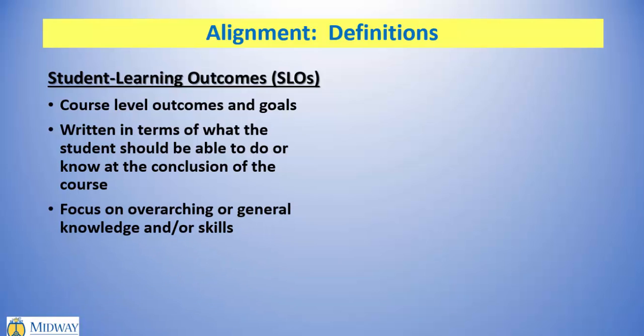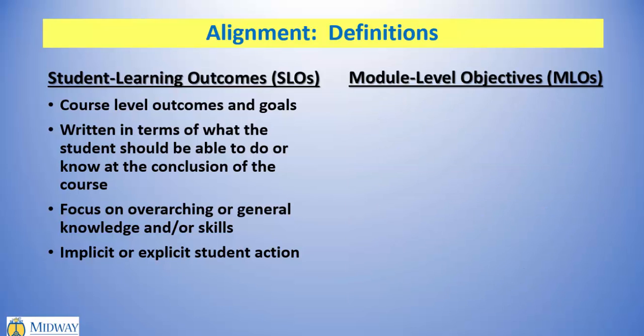SLOs focus on overarching general knowledge and/or skills and can be implicitly or explicitly stated in terms of student action. For the purpose of this training, the weekly, unit, or chapter learning objectives will be referred to as module level objectives, or MLOs.